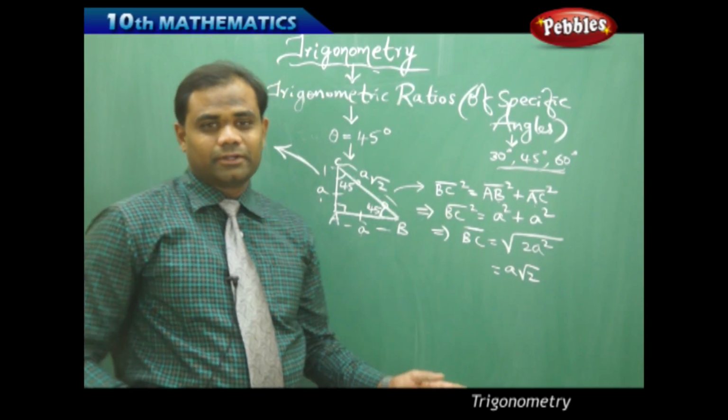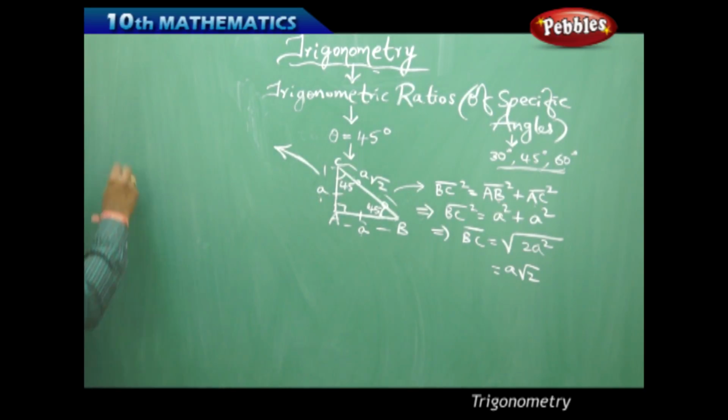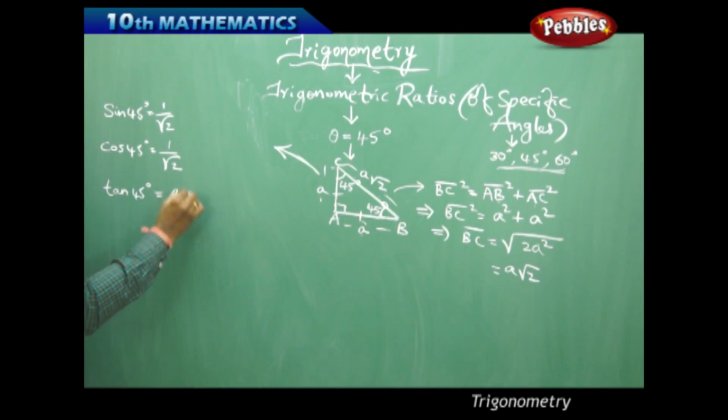Now let's take the three trigonometric ratios which I have found, that is sine 45, which is 1 over root 2, cos 45, which is also 1 over root 2, and tan 45, which is 1.